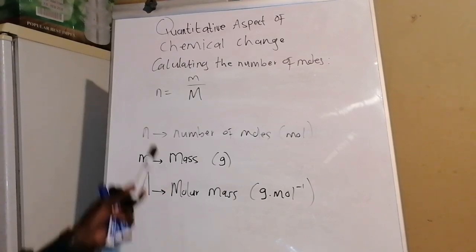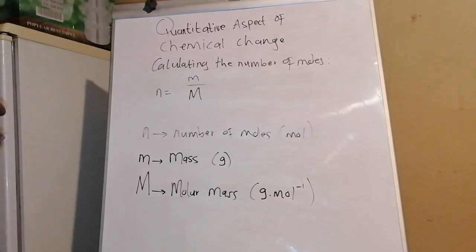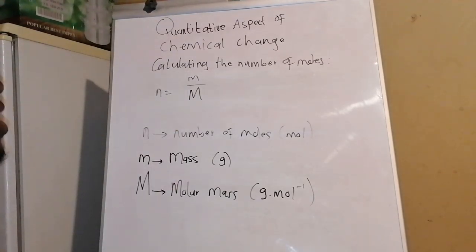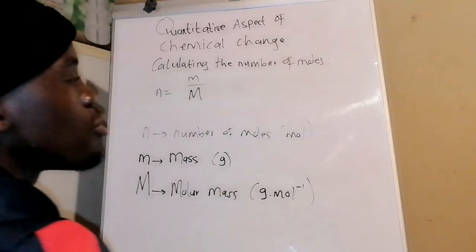Actually, you can use this formula to calculate the number of moles, or to calculate the mass if you are given the number of moles. This is one of the steps, and you use it as the first step for determining the number of moles.